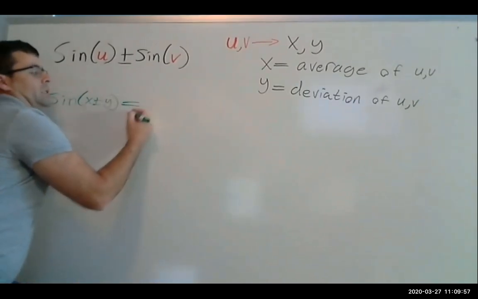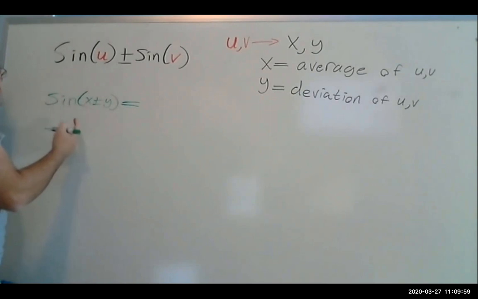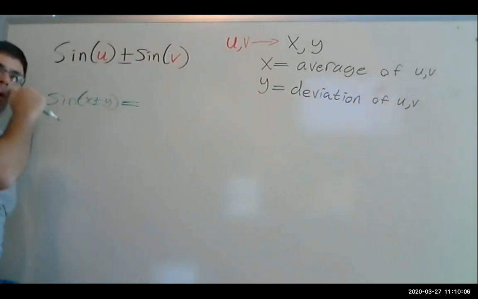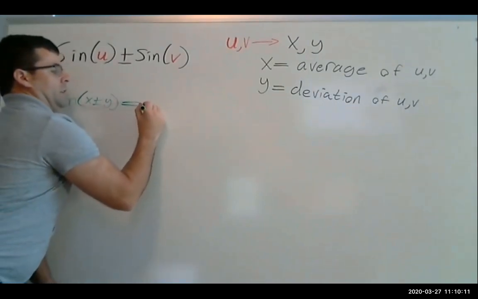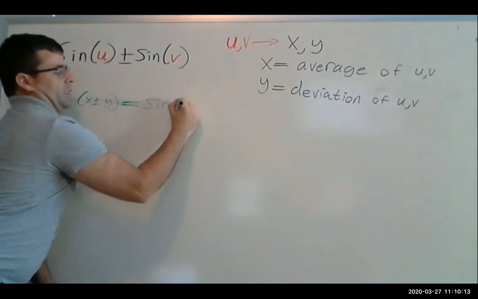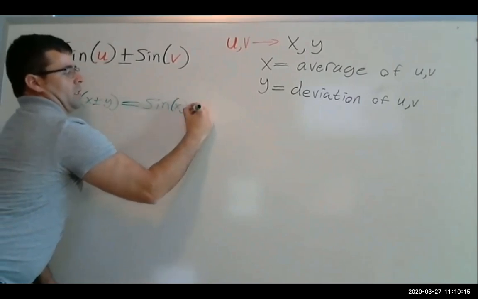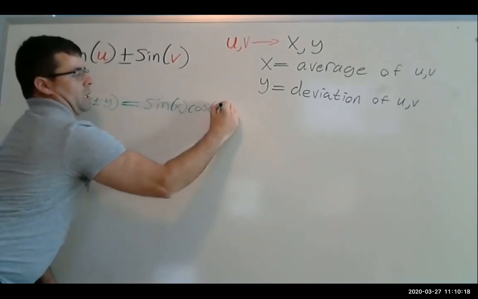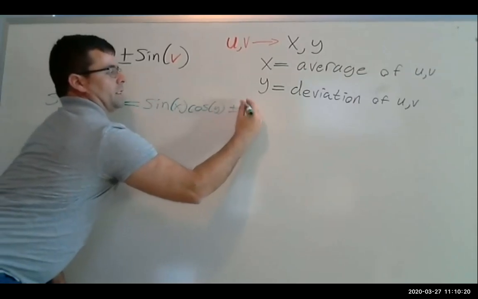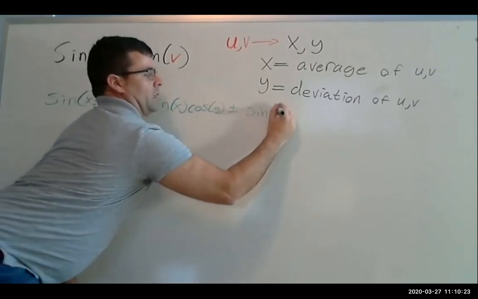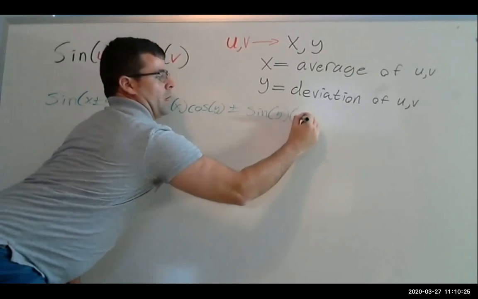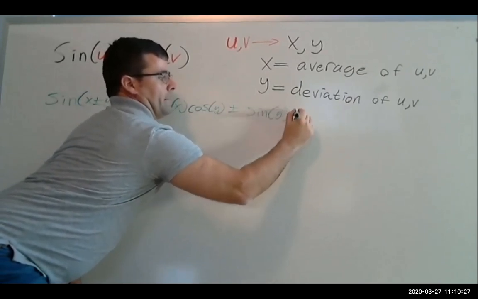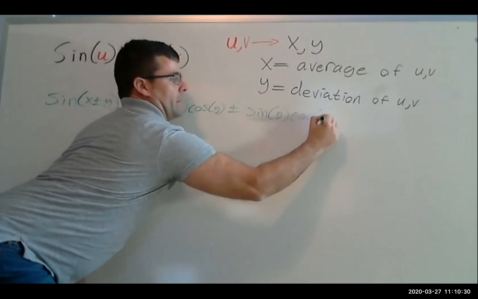So sine, you kind of think about it as the sine function is the opposite side with the hypotenuse, so it has opposites in it. So it's sine x cosine y plus or minus sine y cosine x.